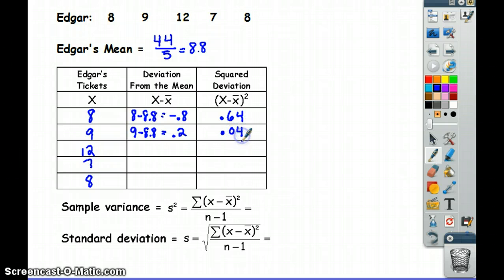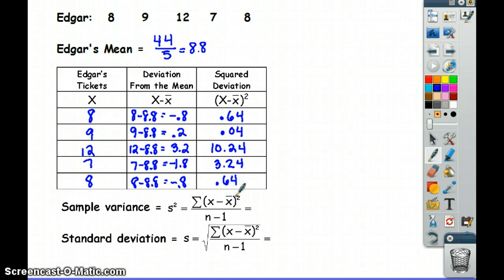Squaring that gives me 0.04. 12 minus 8.8, that's 3.2. Squaring that is 10.24. 7 minus 8.8, negative 1.8, squaring gives me positive 3.24. And finally, 8 minus 8.8 again. Squaring that gives me 0.64.